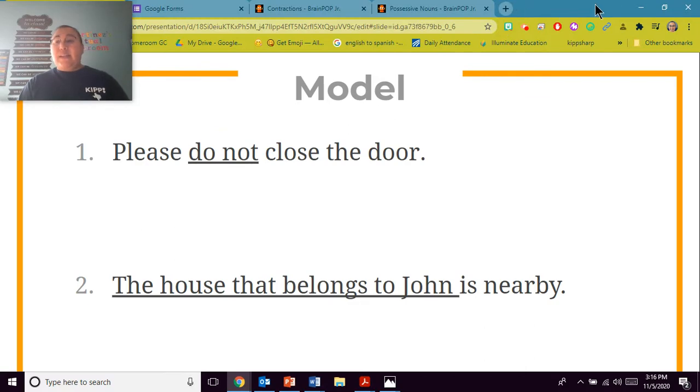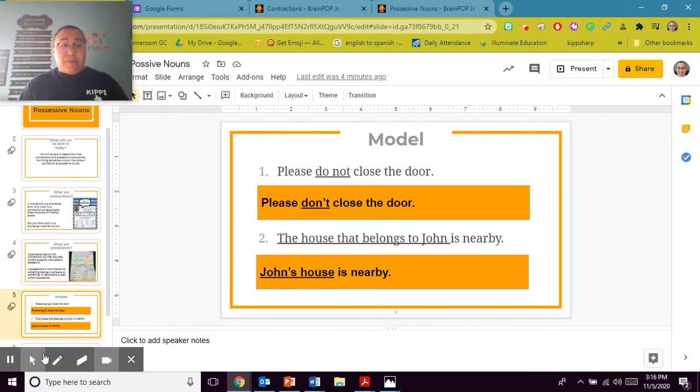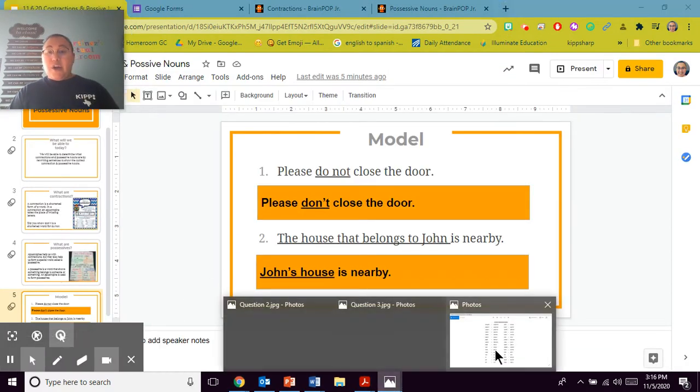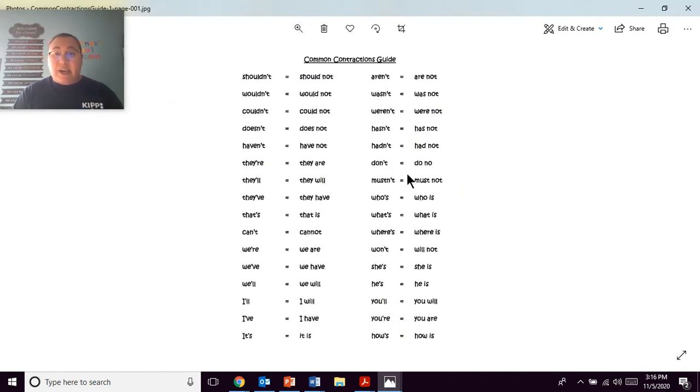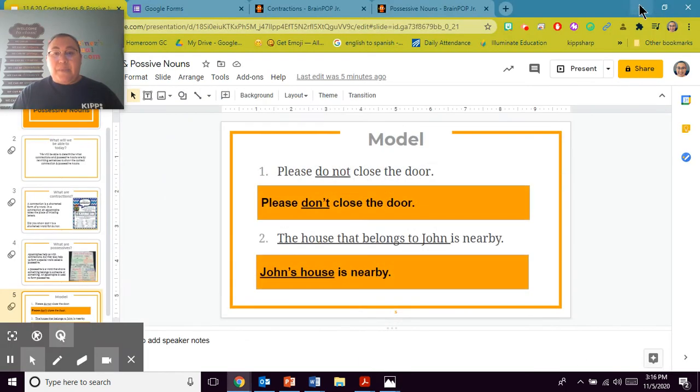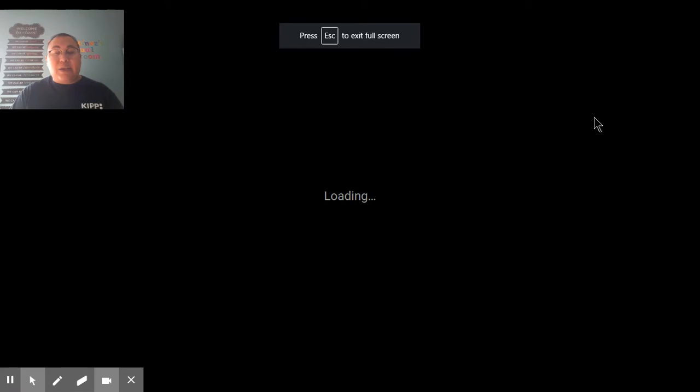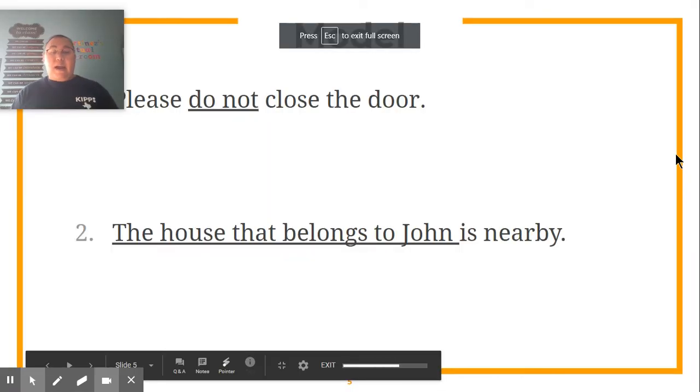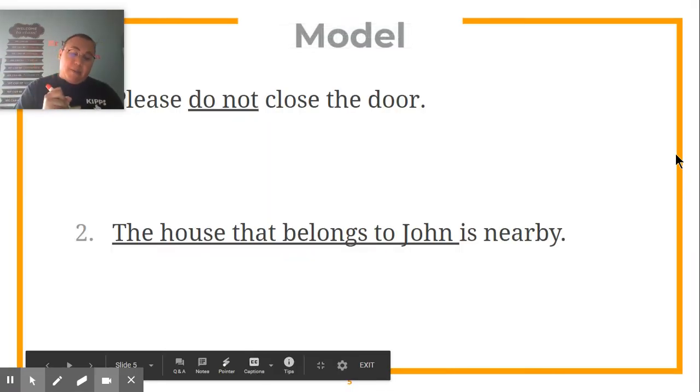So I am going to give you guys an anchor chart. On your anchor chart, you're going to see here, do not, remember, goes with don't. So here's that contraction here, don't. D-O-N apostrophe T. So what I'm going to do is go back to my paper and rewrite the sentence on my piece of paper first.